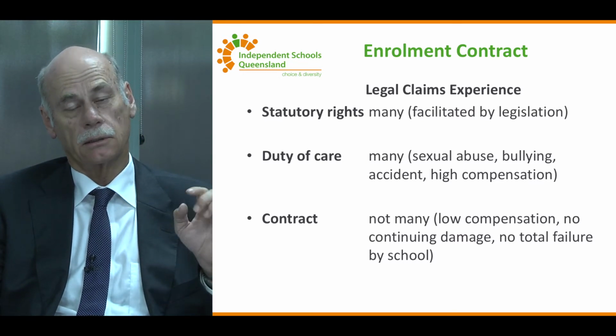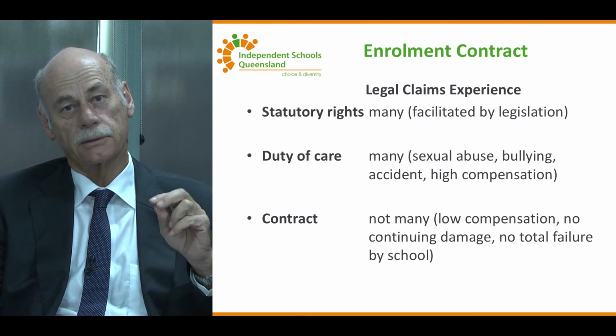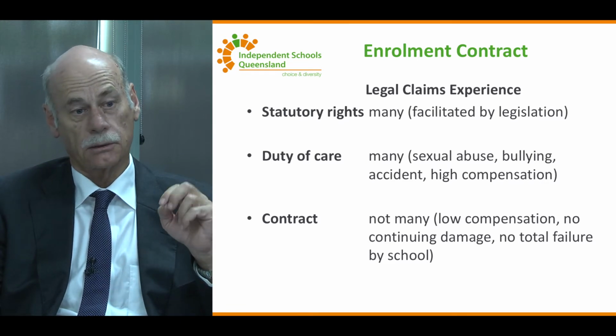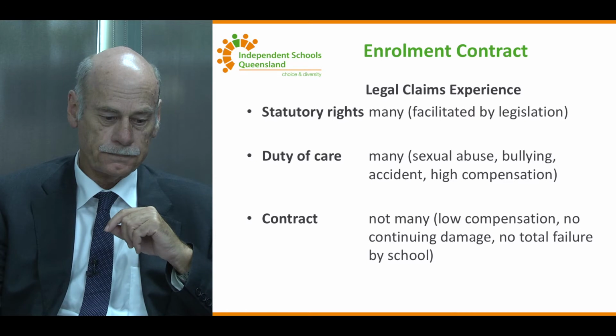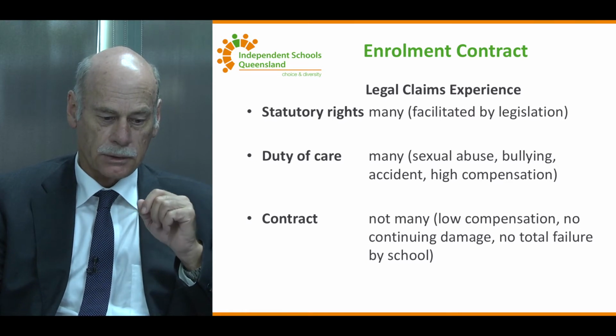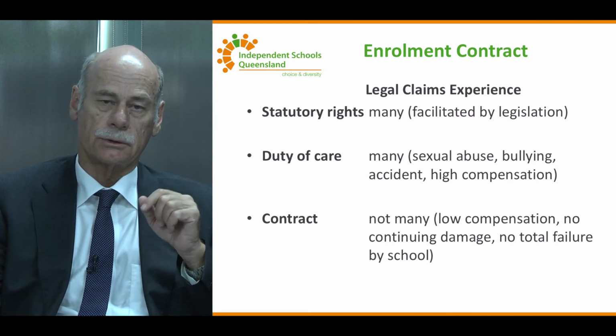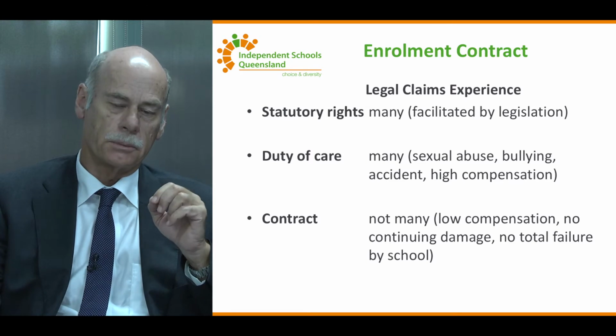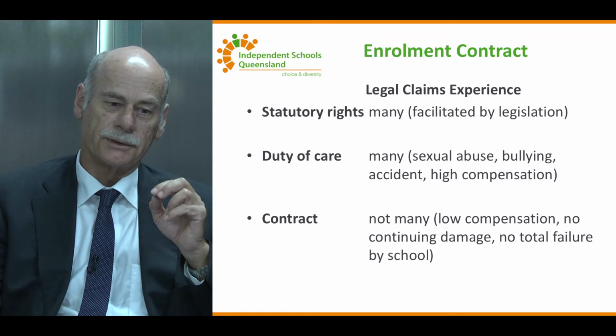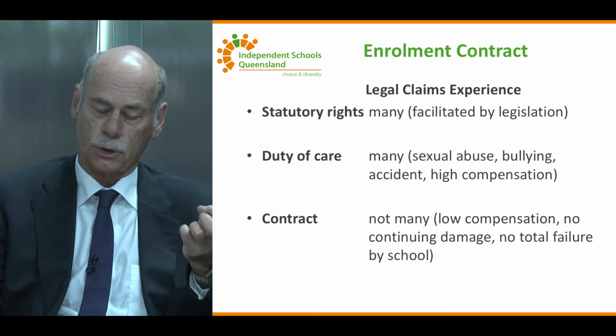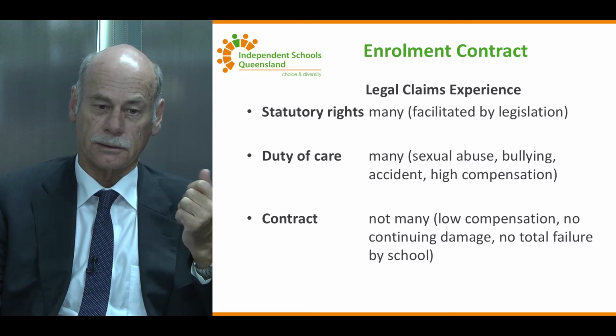In contrast to those first two areas, there are very few claims being made in Australia against schools. There is a trend in Australia for people to sue tertiary institutions for failure to provide education services of a standard which has been represented to the student before they enrolled at the school.